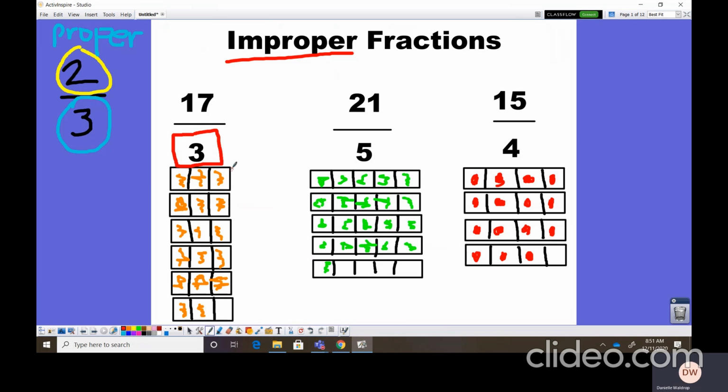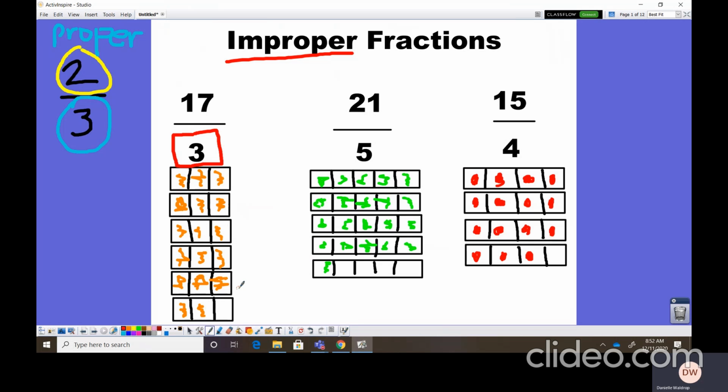When I draw them out, I have to draw enough wholes that I can color in 17 of those thirds. To make these for 17/3, I took each rectangle and divided each one into thirds: 1, 2, 3, 1, 2, 3, 1, 2, 3.